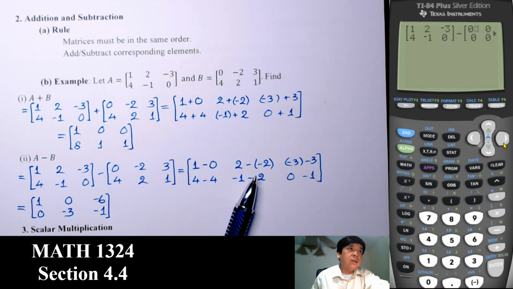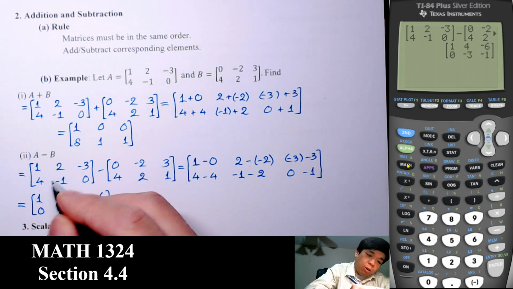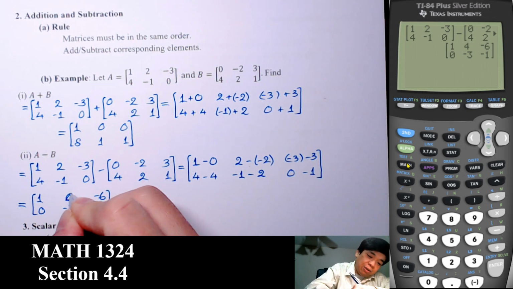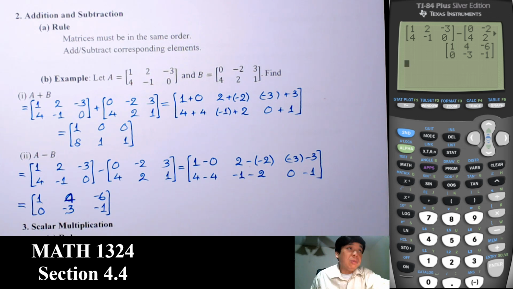Zero, negative 2, 3, 4, 2, and 1. So that's when we subtract. Oh, 2, that will be 4, sorry. Yeah, so that's what we have.